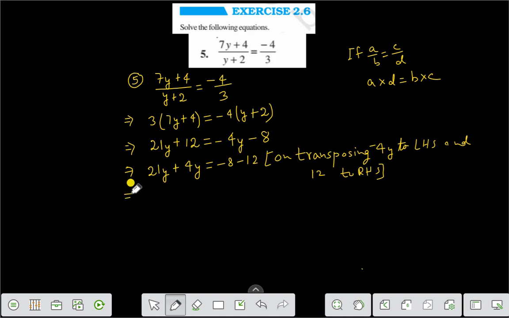Therefore, 21 + 4, that is 25y, is equal to minus 8 minus 12, which is minus 20.